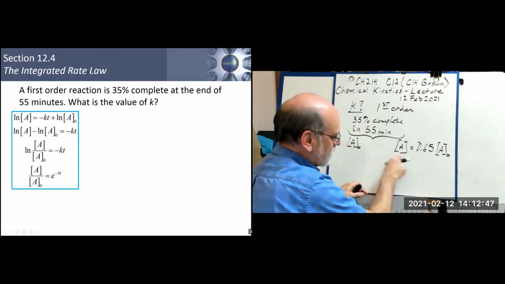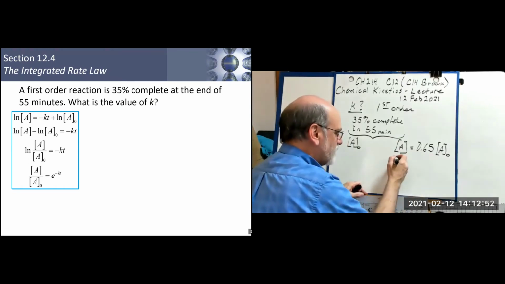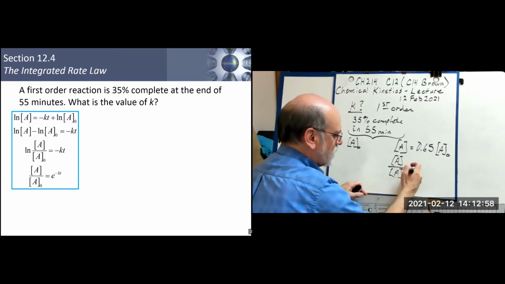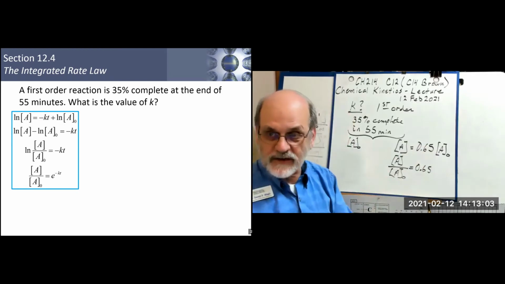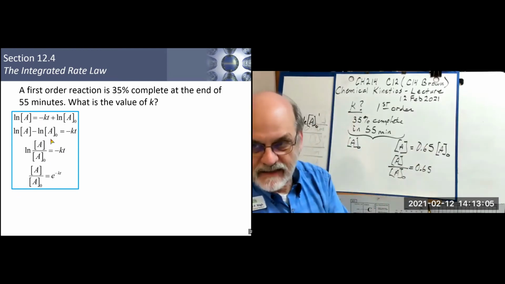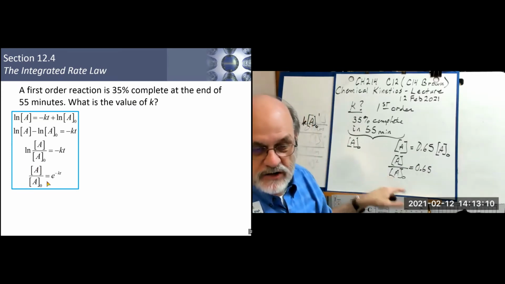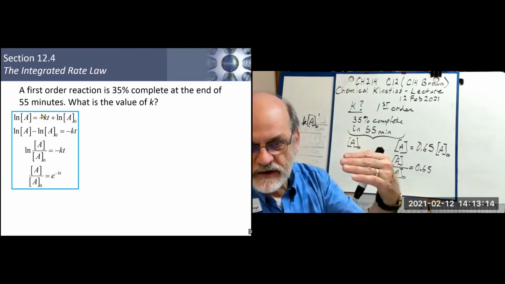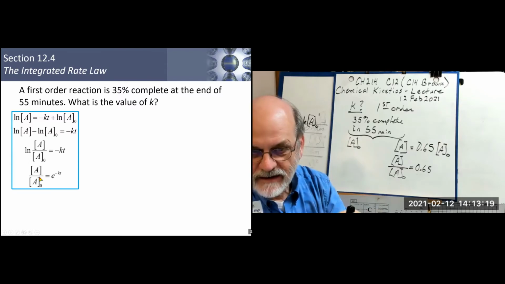If this is equal to 0.65 of that, then this divided by that, bring it over here, is equal to 0.65. Okay, so that's why we're manipulating this equation to give us that ratio, right? Because that ratio we do know.